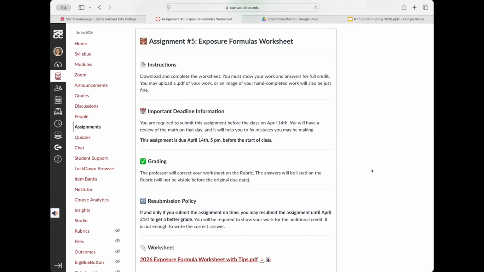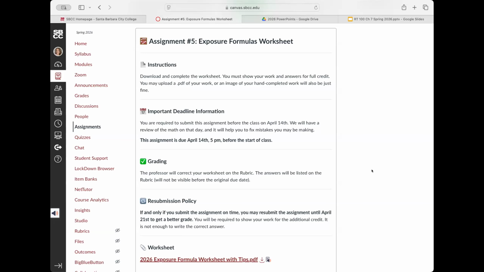But there are 2 deadlines. The first one is a week from today, but at 5 p.m., not at midnight like you're used to, at 5 p.m., because we're going to review this when we get back here next week. Okay, so you're going to turn this in, do your best, right? We will grade it. There is a rubric with the answers in it, which you cannot see right now. You will see it after the due date.